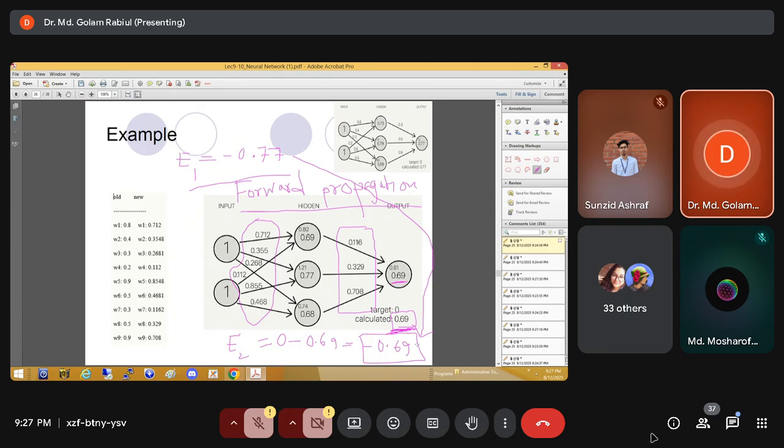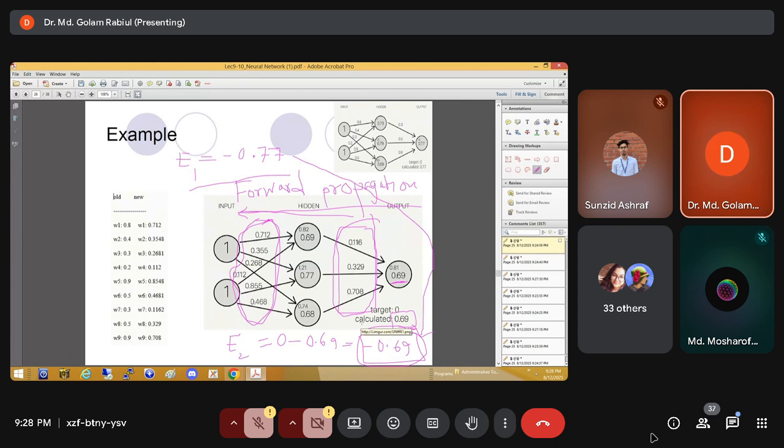If we continue, then again based on this error, the rate of change of our sigmoid, and the result, it will propagate those values to here, and based on that we will update the weights of this layer and the weight of this layer. Then again we will see that our error is minimized in the third iteration.